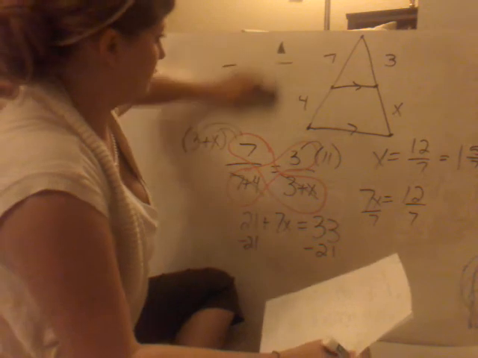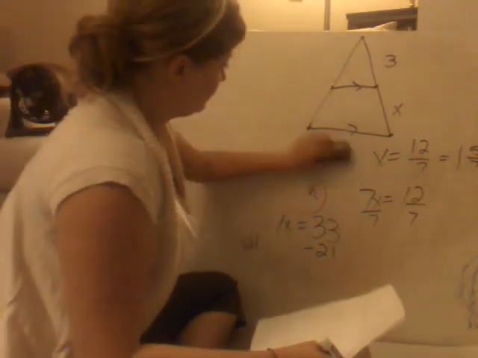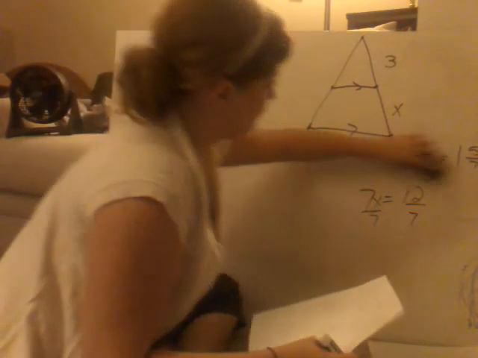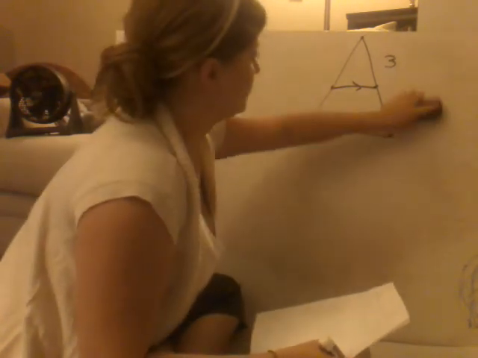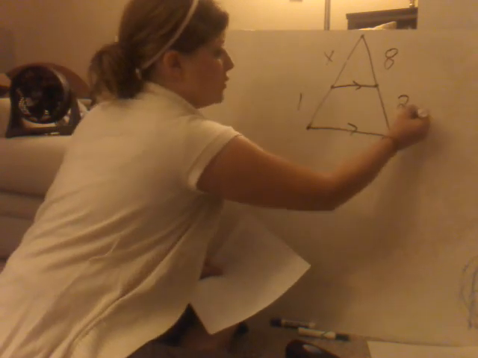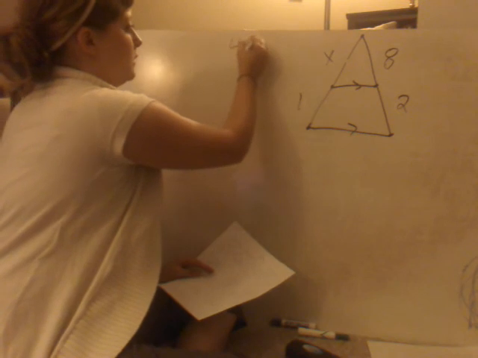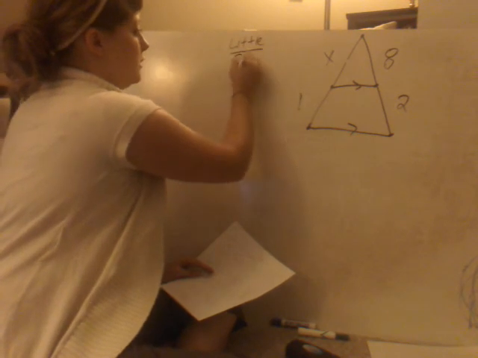Okay, so number 5. Number 5 is x and 1, 8 and 2. Remember, it's going to be little over big.